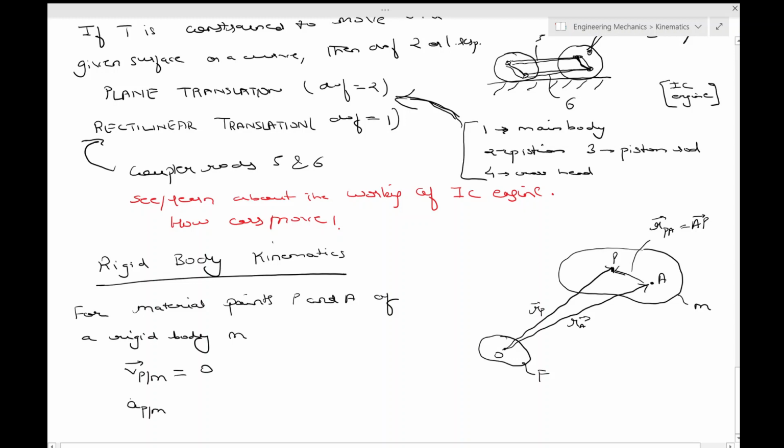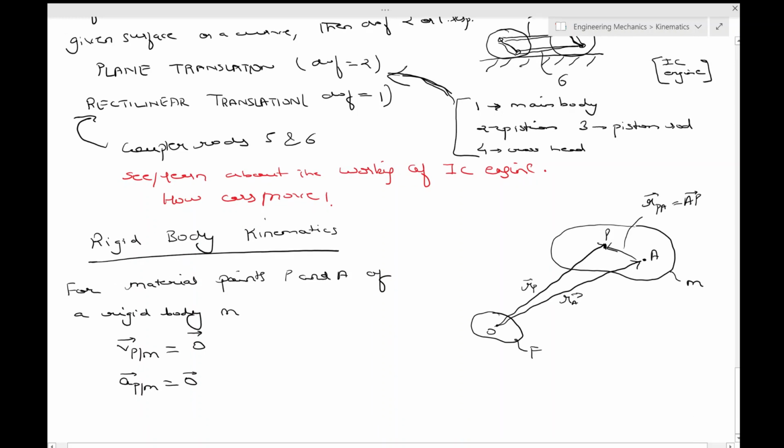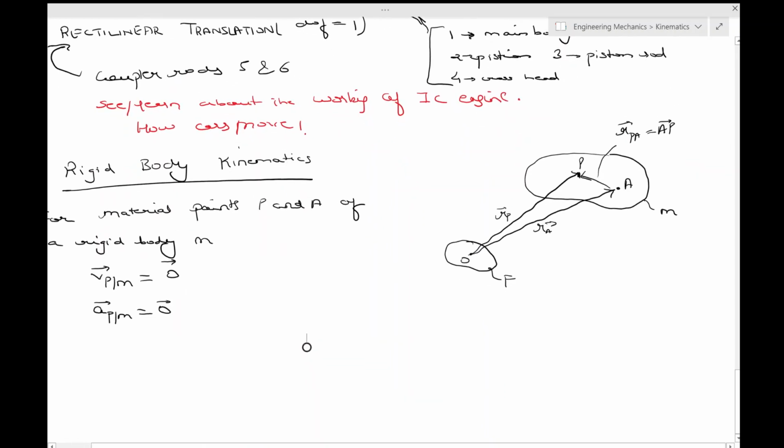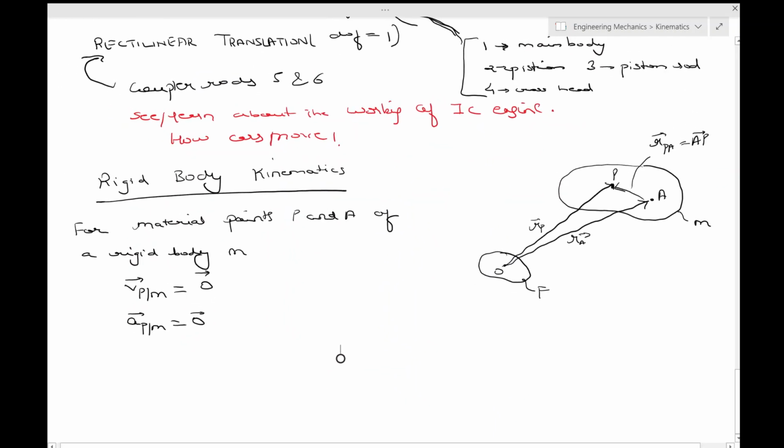Acceleration of P with respect to M is equal to 0. Okay, if ever I forget writing a vector sign over 0, please do it yourself. But you should understand that when I say 0, it's a vector and hence its magnitude is 0.